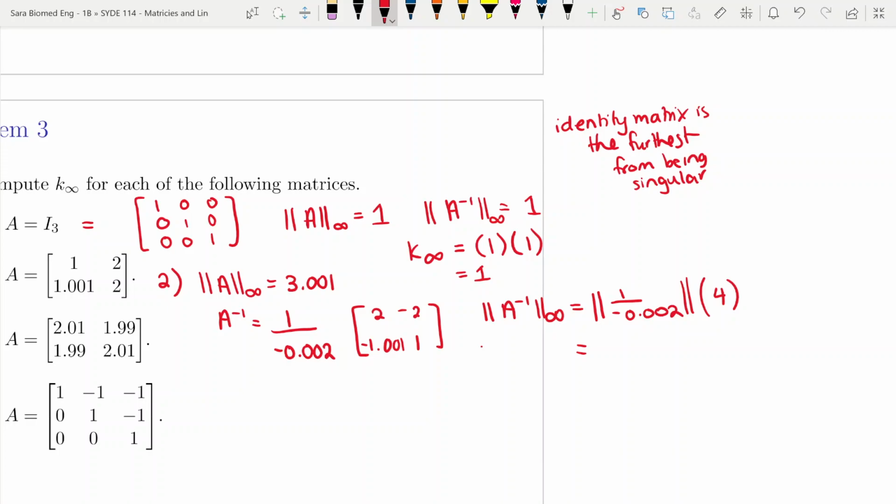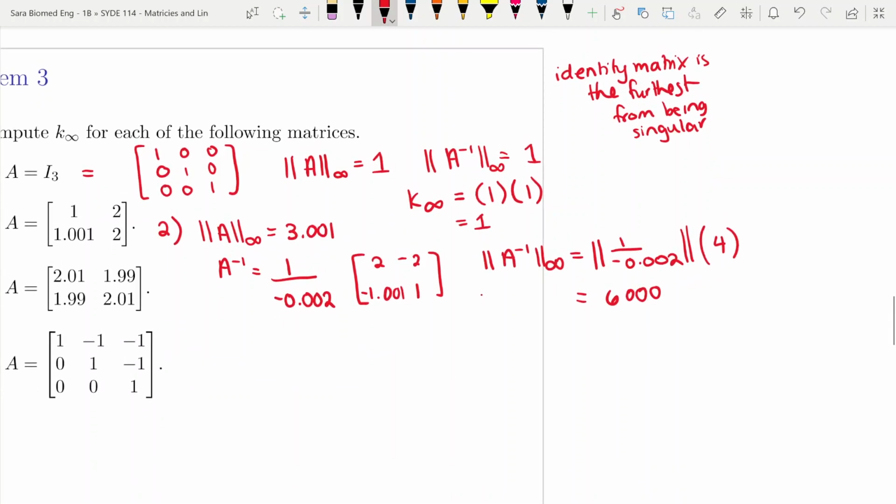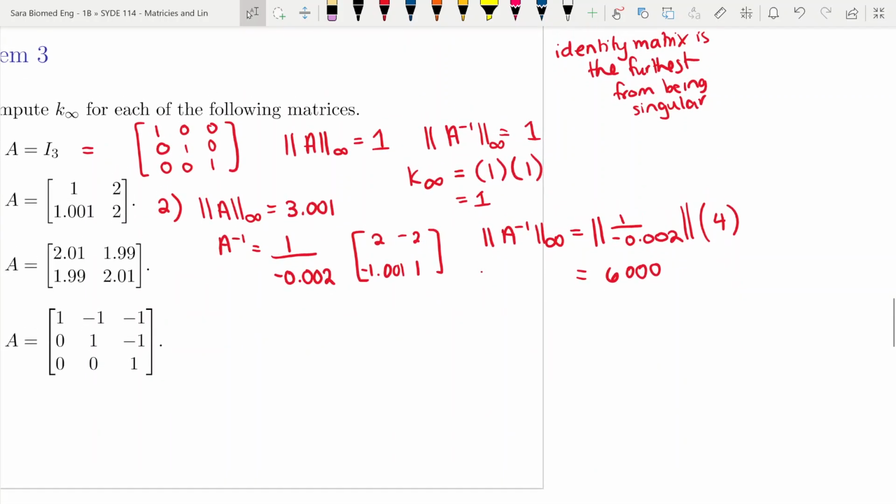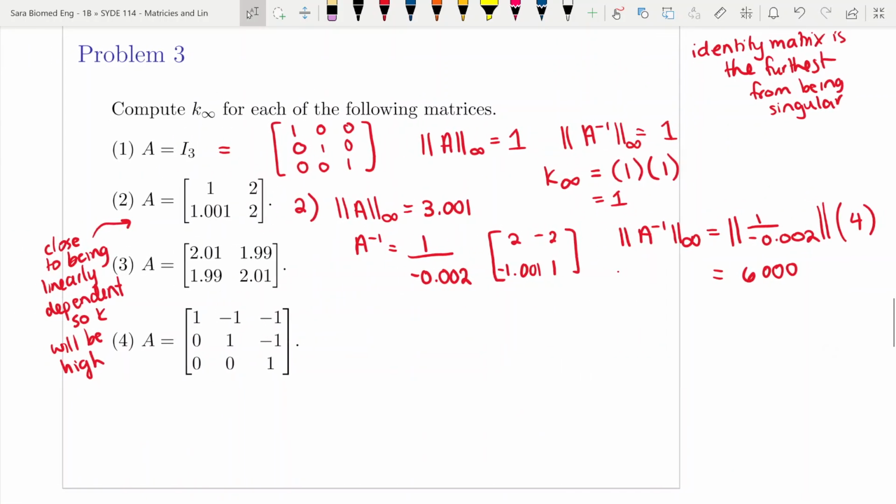Now the condition number using the inf norm is the norm of A times the norm of A inverse, which gives you about 6,000.